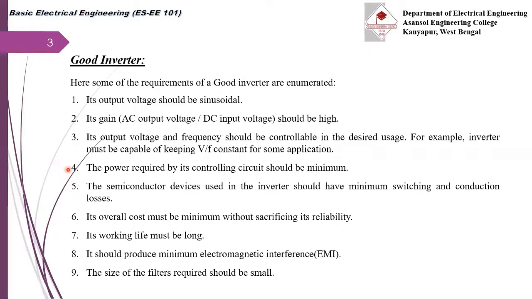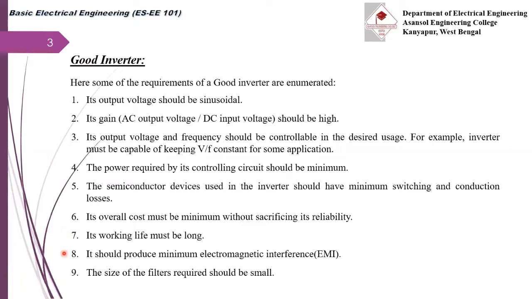Number 4, the power required by its controlling circuit should be minimum. Number 5, the semiconductor devices used in the inverter should have minimum switching and conduction losses. Number 6, its overall cost must be minimum without sacrificing its reliability. Number 7, its working life must be long.